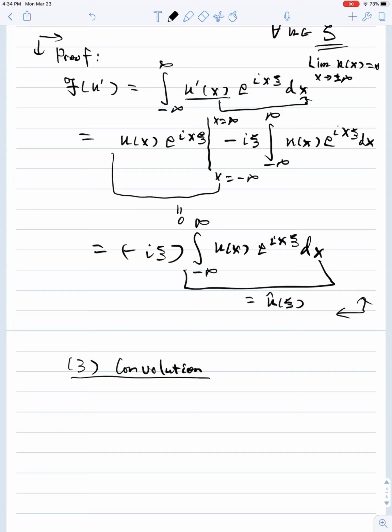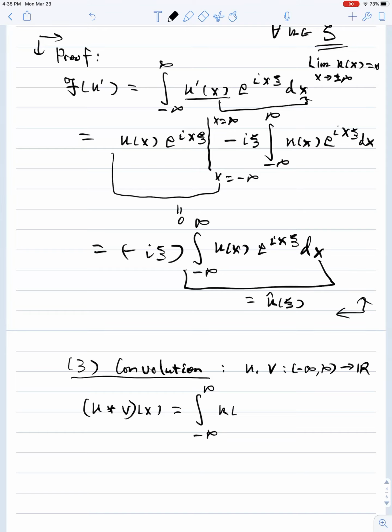Here the functions u and v are defined from negative infinity to positive infinity, and the convolution at x is defined by this formula.